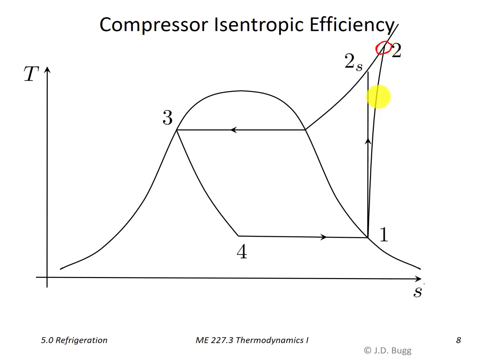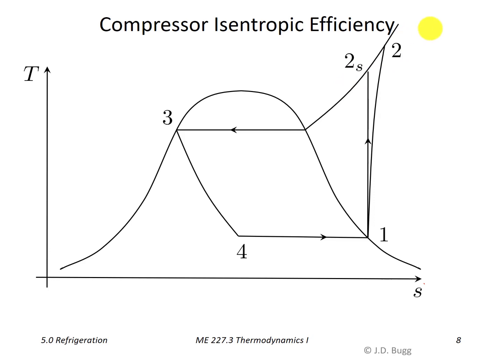So this is what a real compression process would look like, and this original one was the isentropic process. So the exit temperature of the real compressor will be higher than the isentropic compressor. And we're going to talk about the isentropic efficiency of compressors in the context of refrigeration systems a little bit later as well.